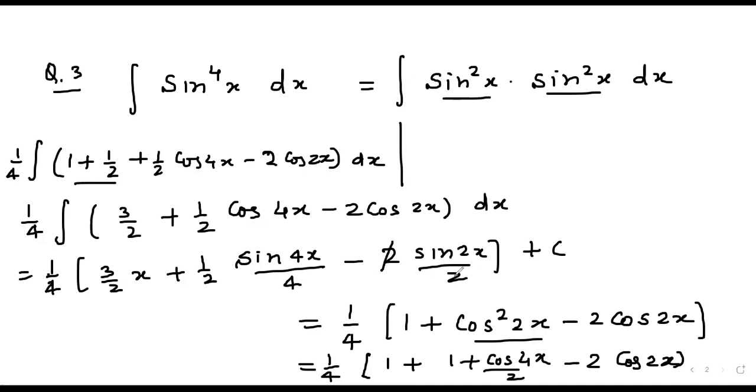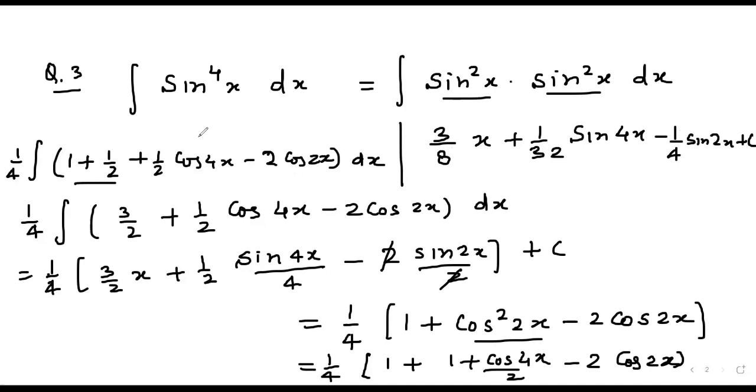Here 2 will cancel out. So this will become 3 by 8 x plus 1 by 32 sine 4x minus 1 by 4 sine 2x plus c.